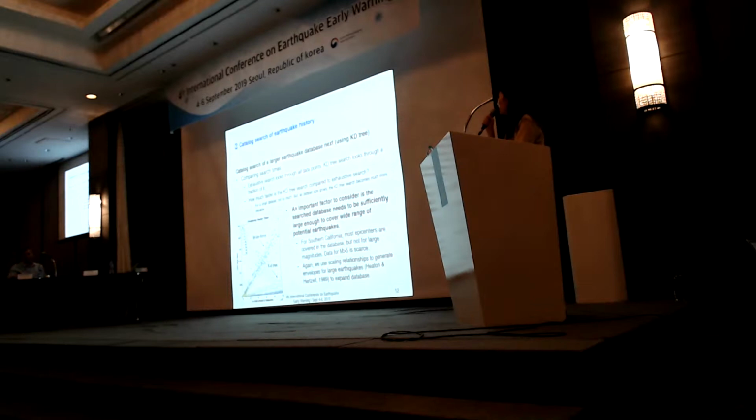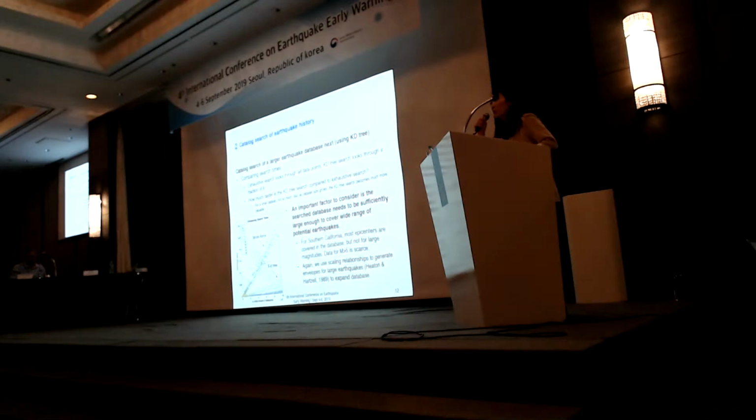And the advantage of this KD tree search is that it only looks through a fraction of the entire database. And if the KD tree is built correctly, it will find the global best fits, and not just the local. And as we can see here in the figure, the KD tree becomes more and more valuable as the database grows larger.